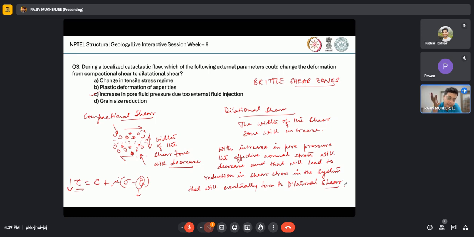Porosity itself is the presence of voids within the material, and that eventually decreases the cohesion. For ductile deformation, the cohesion exists pretty much throughout the stress strain curve. That is the fundamental of ductile deformation, and in that case, the pore fluid pressure doesn't play that much role.